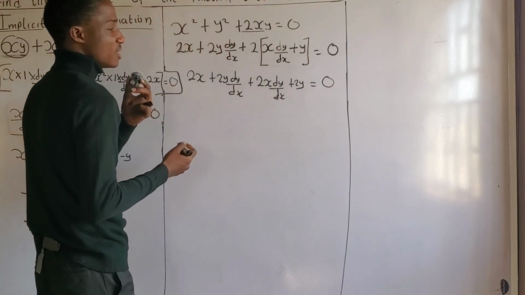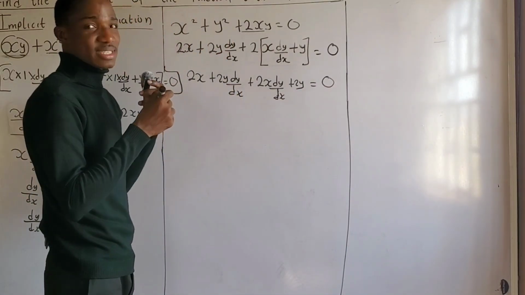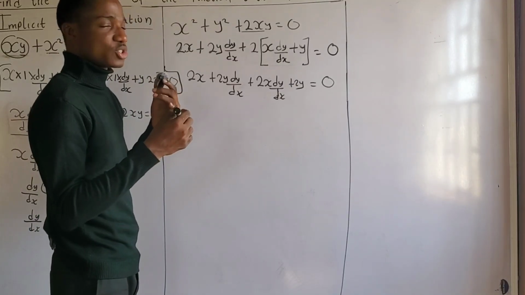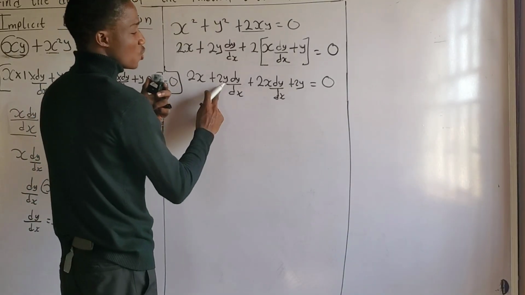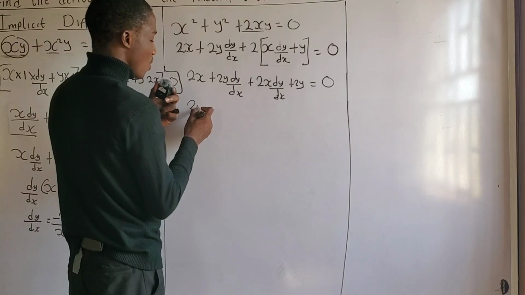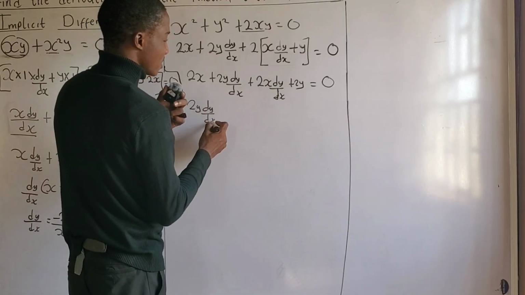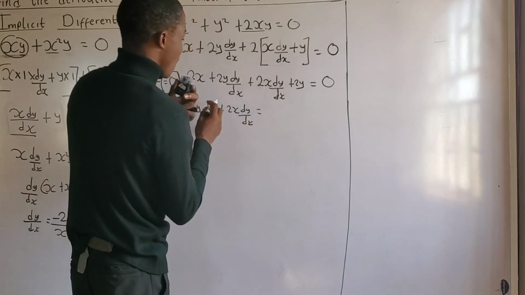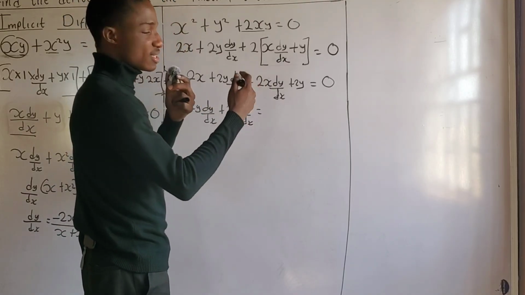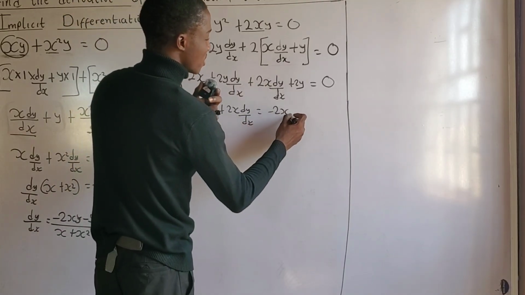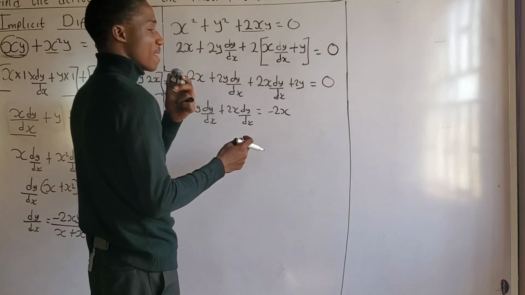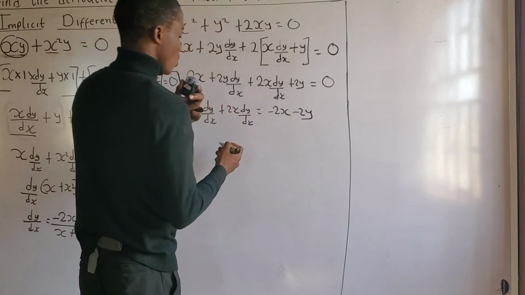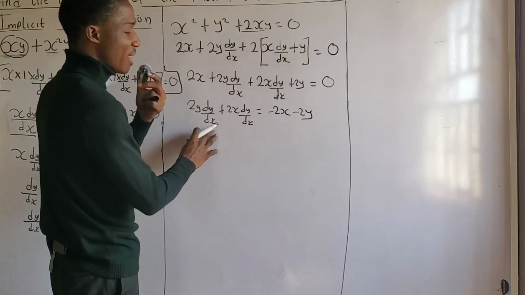Now the next step is that you have to collect like terms. That is, the terms that are similar to each other, bring them closer to each other. For this, I'm going to have 2y dy over dx plus 2x dy over dx equals to, now this 2x take to the right hand side of the equation. I'm going to have negative 2x, and then this 2y, take it to the right hand side of the equation. I'm going to have negative 2y. The next step is that you have to factorize dy dx.